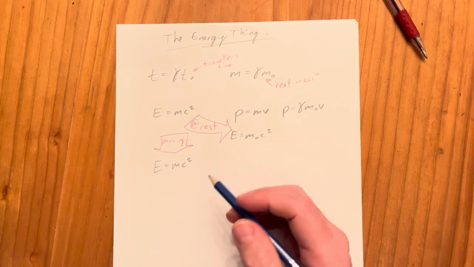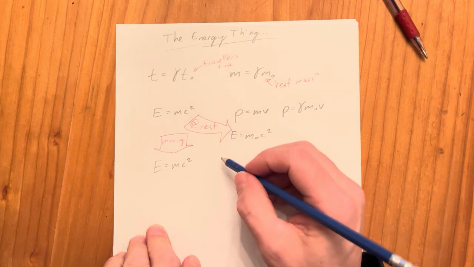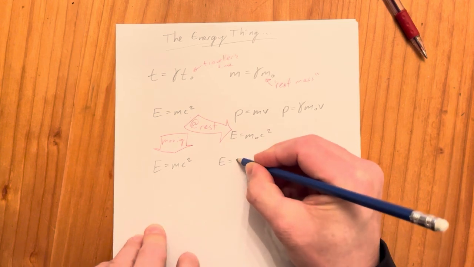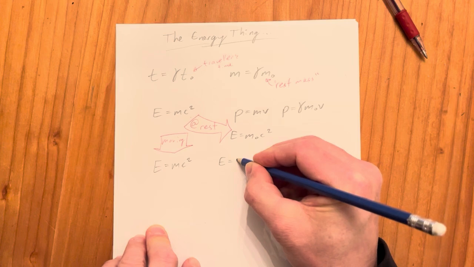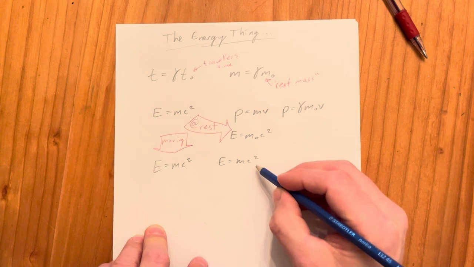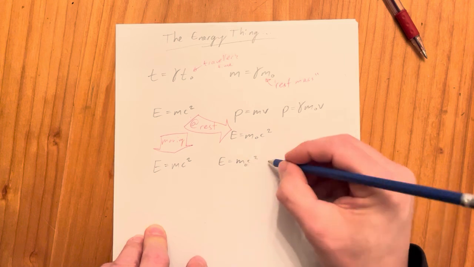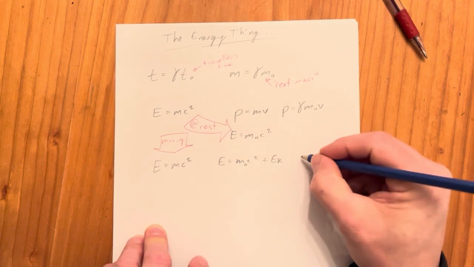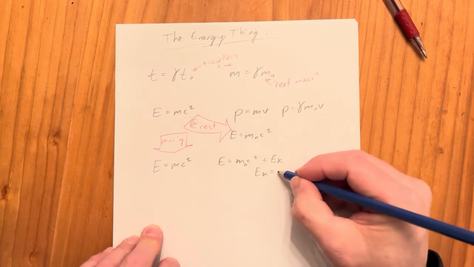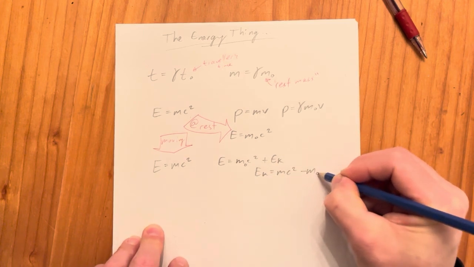And what you can do with that is you can say that it's really mc squared, which is the total energy. It's m naught c squared, which is your rest energy, plus your kinetic energy. And so your kinetic energy is equal to mc squared, your total energy, minus your rest energy.